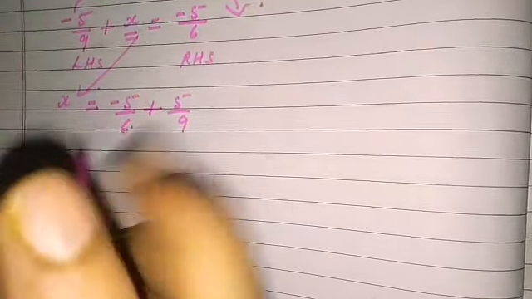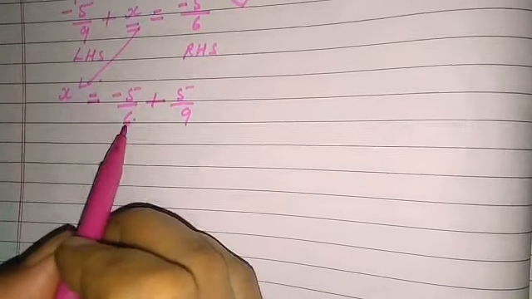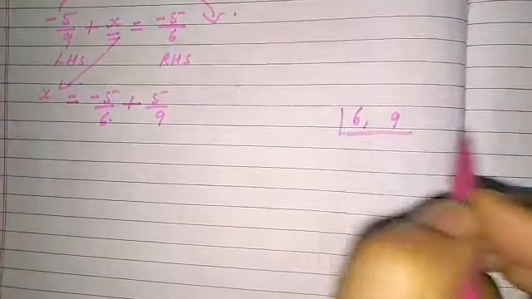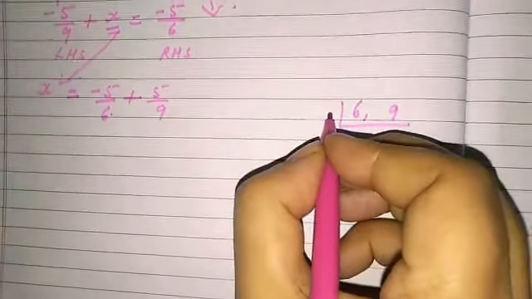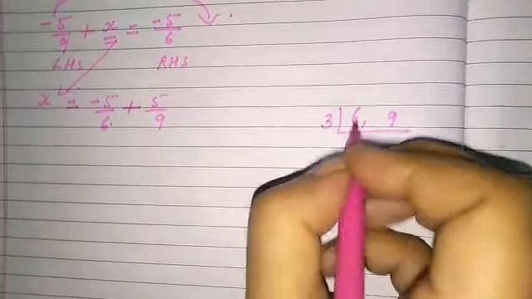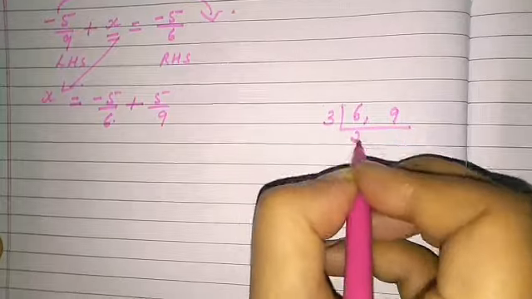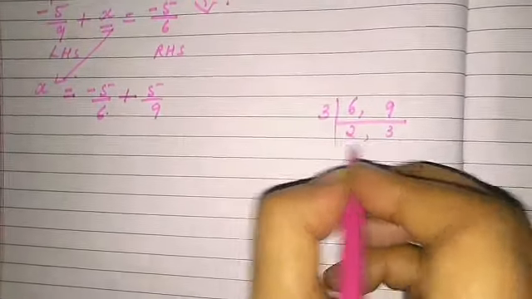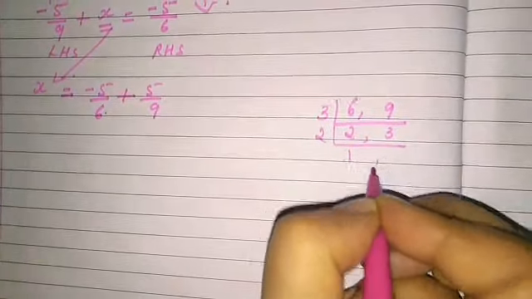Now, step number 2 will be to find out the LCM of 6 and 9. I have already shown you how to find the LCM of 6 and 9. Here we will take 3, because 3 divides both of them. 3 2s are 6, and 3 3s are 9, and it's 2 1s are 2.